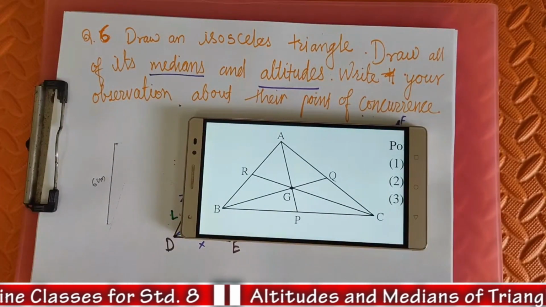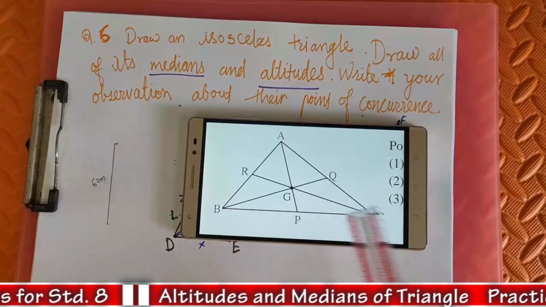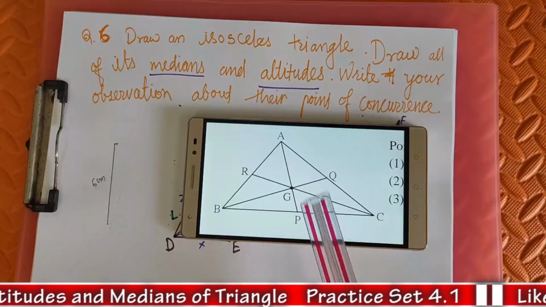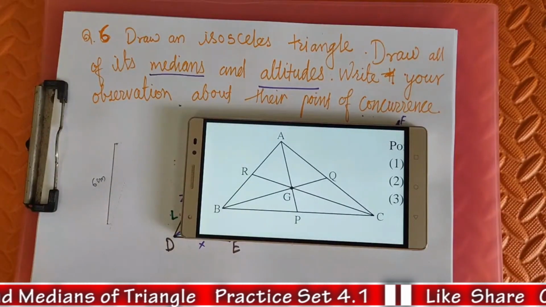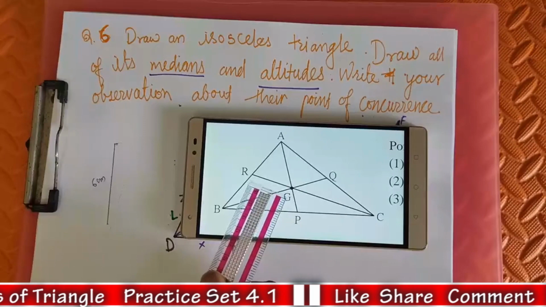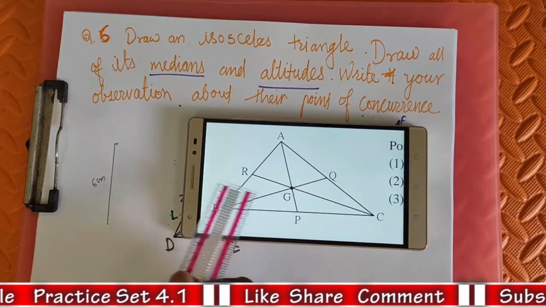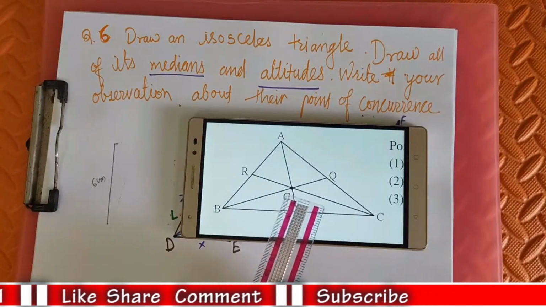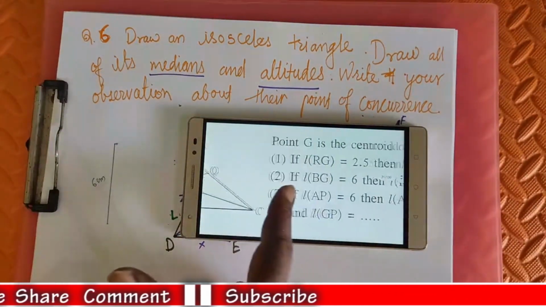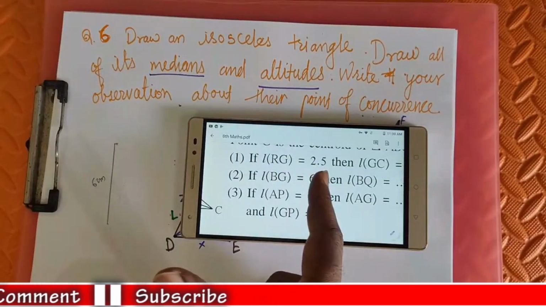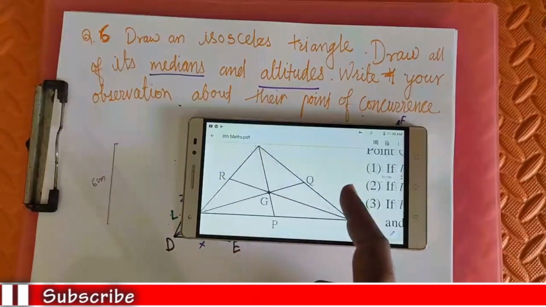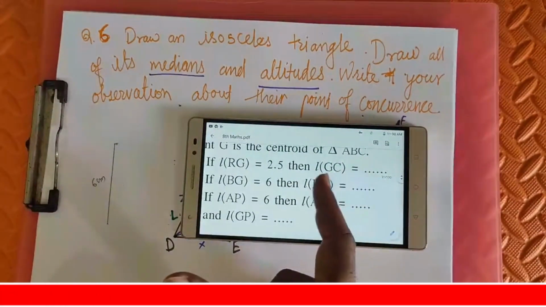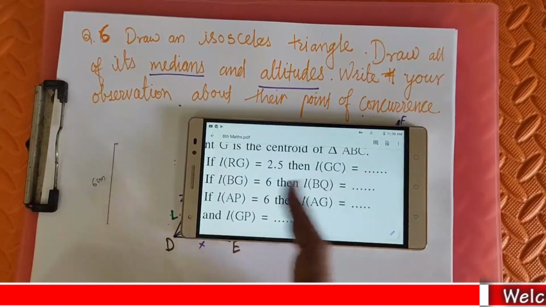This is question number 7. Triangle ABC is given and medians are drawn. You have to see if smaller segment's measurement is given, suppose RG's measurement is given, and if it is asked GC, see here RG is given 2.5, which is smaller, and they have asked length of GC is dash.